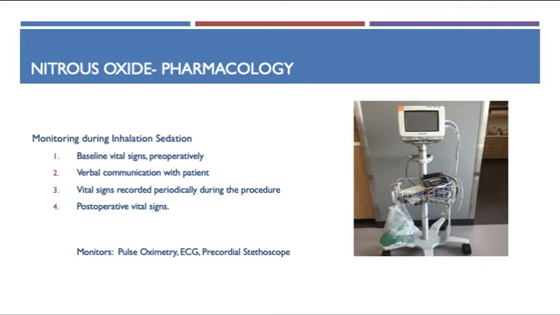And then once I'm done with the procedure, I start to put the patient on 100% oxygen and leave them on 100% oxygen for 5 minutes. I don't leave, and I'm constantly monitoring them to make sure that everything's going okay.